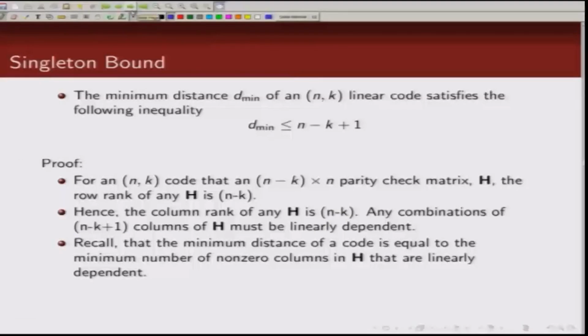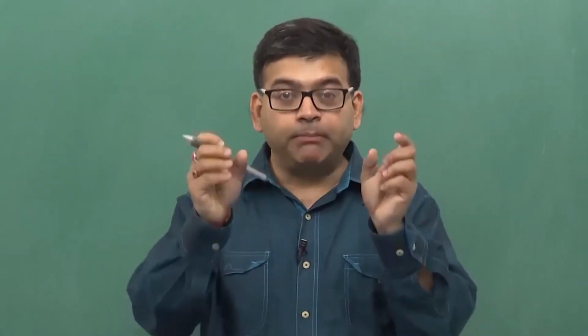And what do we know? What is the relationship between the columns of the parity check matrix and the minimum distance of a code? We know that the minimum distance of a code is equal to the minimum number of non-zero columns in the parity check matrix that are linearly dependent. If you recall, we have proved that if the minimum number of columns of the parity check matrix that add up to 0, then there exists a codeword of that weight.